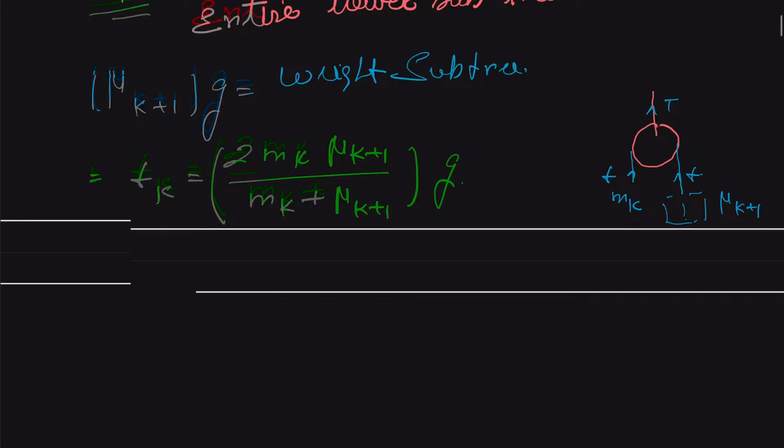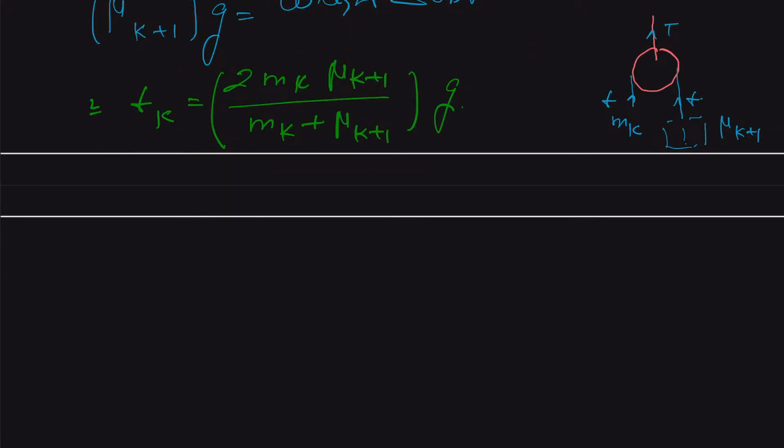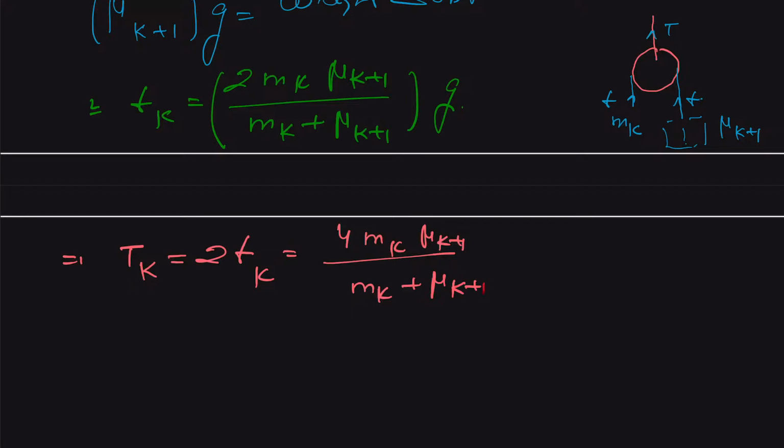Therefore, we can say that our capital T of k will be obviously equal to twice Tk, which gives us 4 mk mu k plus 1 over mk plus mu k plus 1 times g.